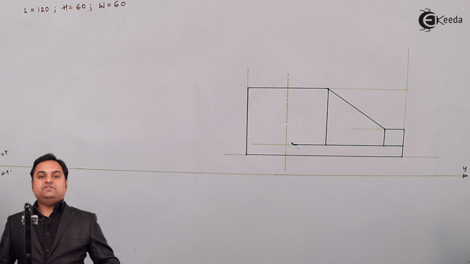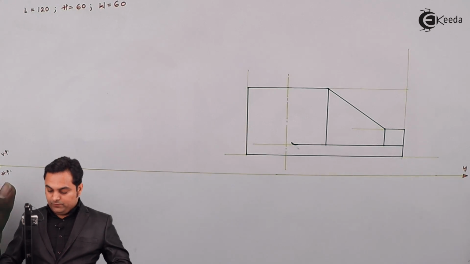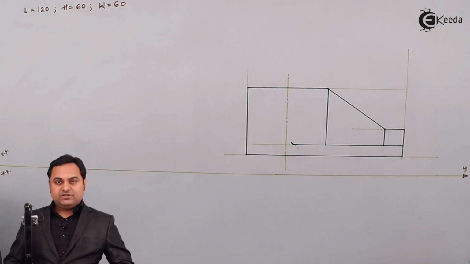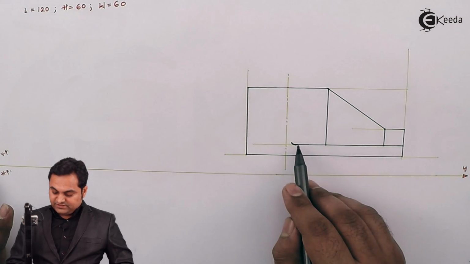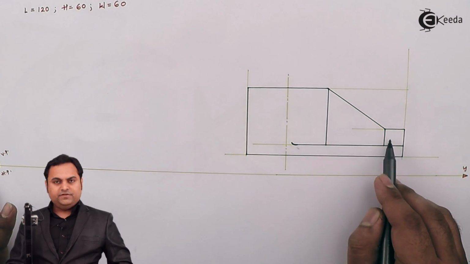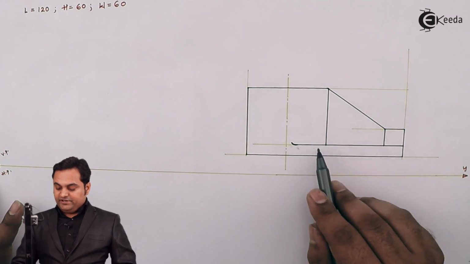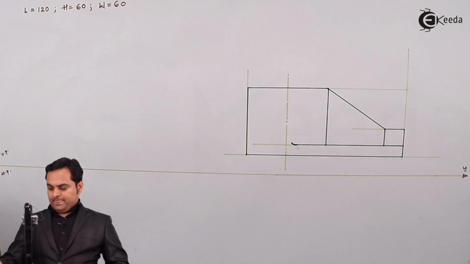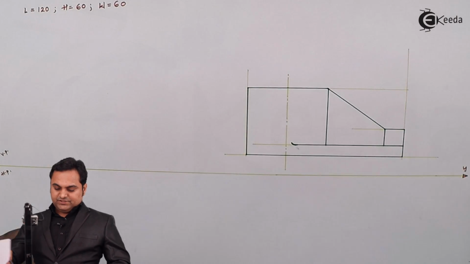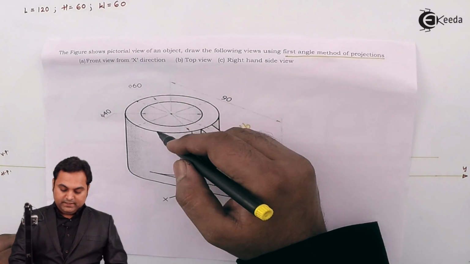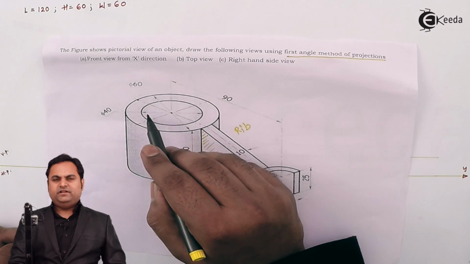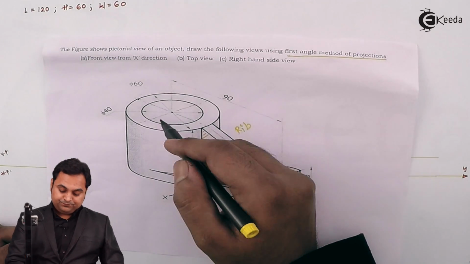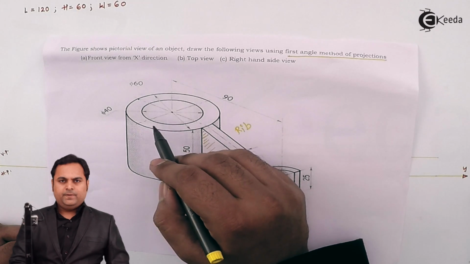So this much is the visible portion in the front view, and here if we see, there is a dark line between the block and the semicircular portion, which indicates the change of plane between them. Next, inside this cylinder we have another circle, that is, it is a hollow cylinder having diameter 40.